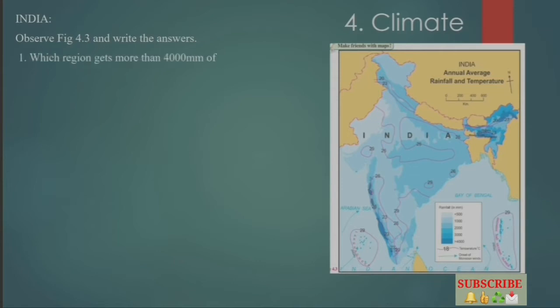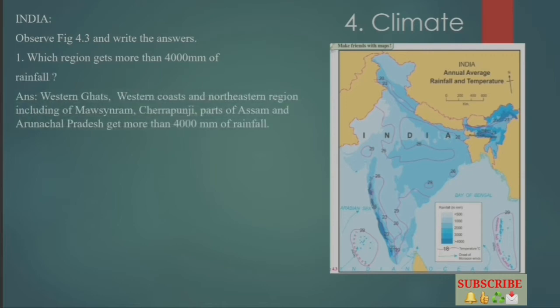The first question: which region gets more than 4000 millimeter of rainfall? The answer is Western Ghats, Western Coast, and the Northeastern region, including Mawsynram, Cherrapunji, and parts of Assam and Arunachal Pradesh, which get more than 4000 millimeter of rainfall.